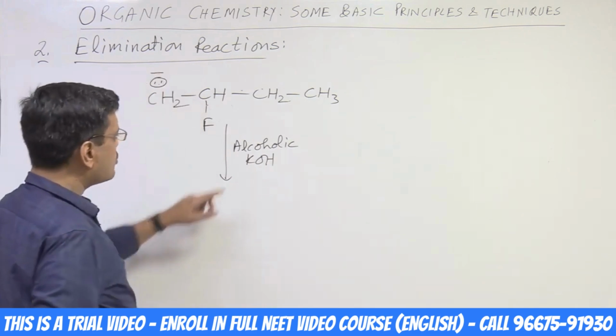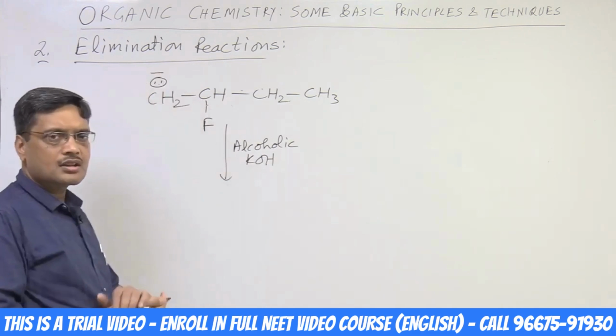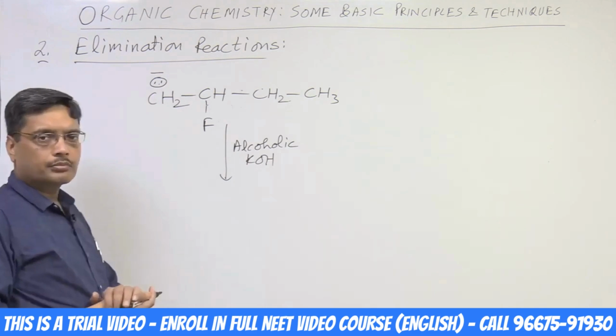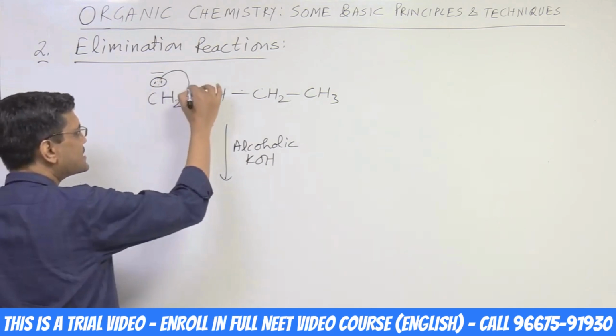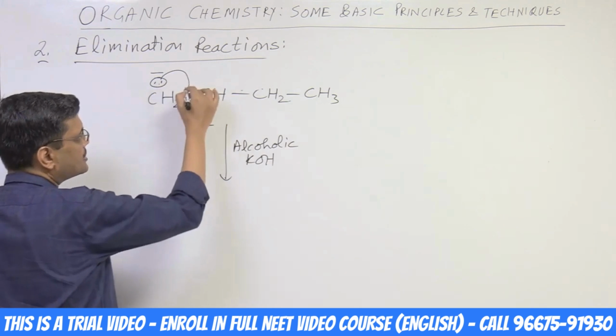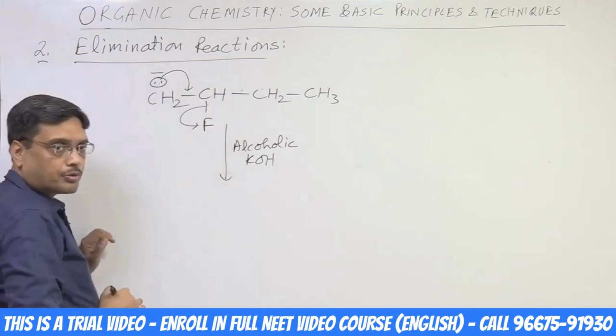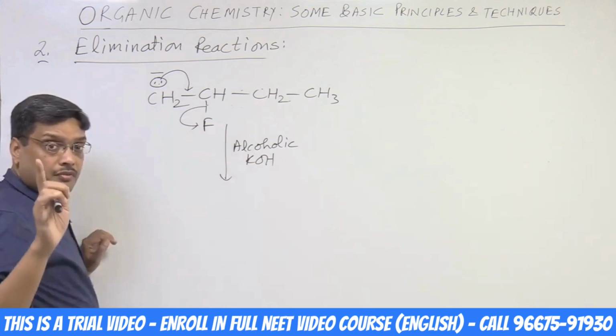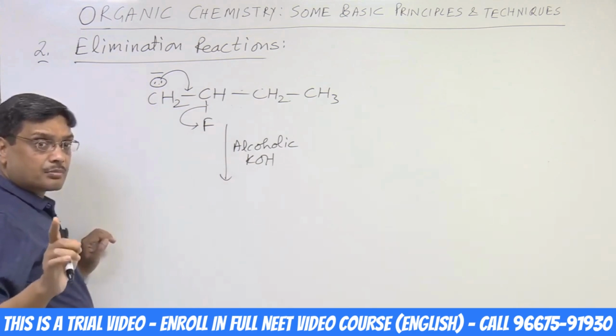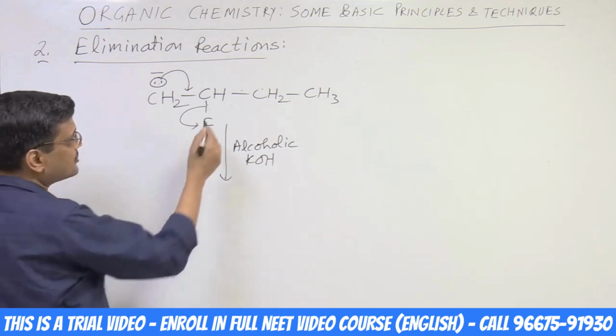So firstly OH minus ion removes the H and a carbanion is formed, and in the second step this pair of electrons shifts here and then fluoride ion is removed. It cannot be removed in a single step, but it is removed in the two step reaction.